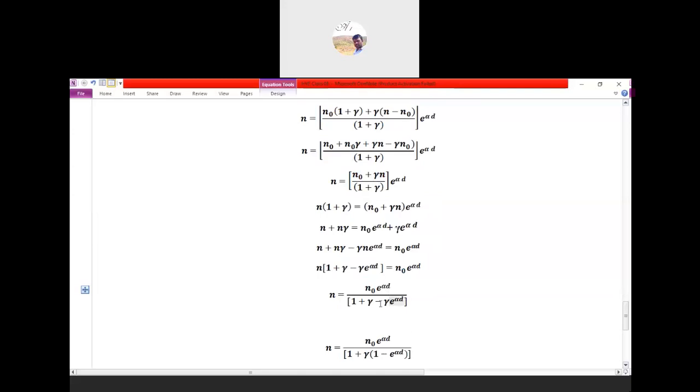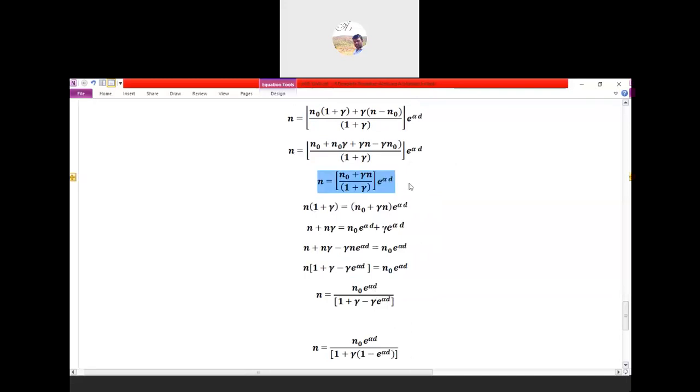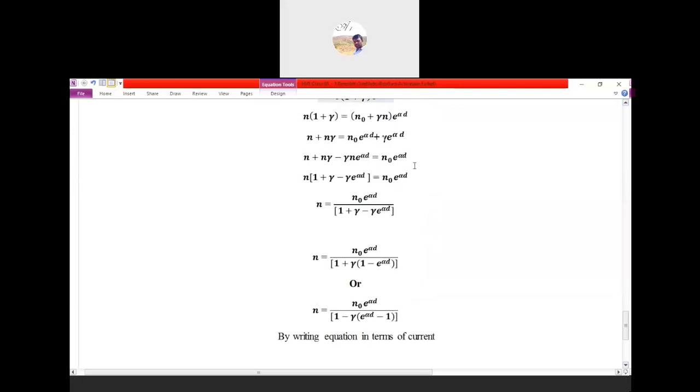We are taking gamma common, and here we are taking n plus common. So n plus of (1 plus gamma) is equal to gamma n minus n naught. From that we get n plus is equal to (gamma n minus n naught) by (1 plus gamma). So whatever the LHS is, we are taking it as this.